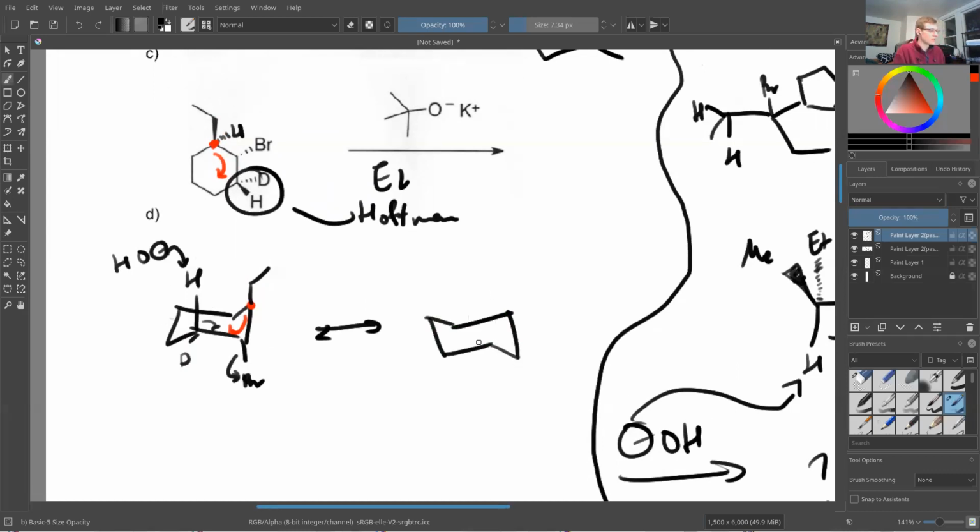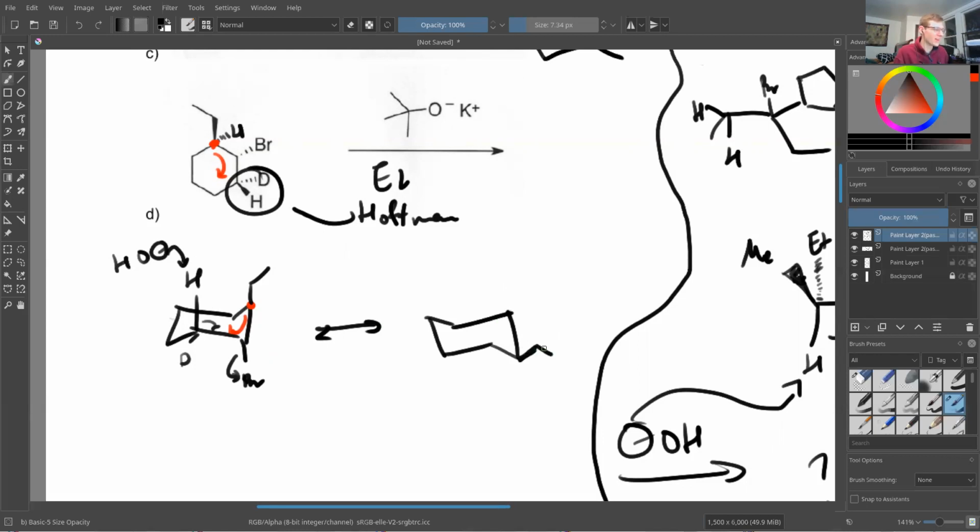But you could have drawn it the other way too. And in that case, let's see, this thing over here will still be pointing up, but now it's equatorial, right? And oh wait, I just butchered that. Okay. In this case, it would still be axial, right?